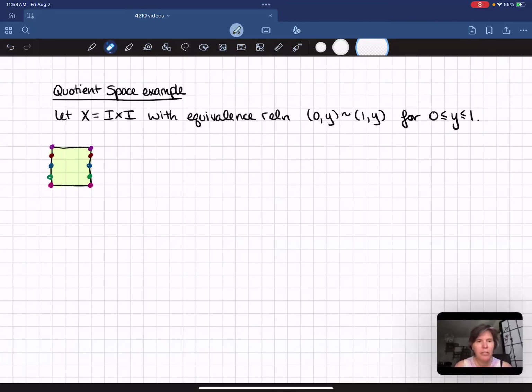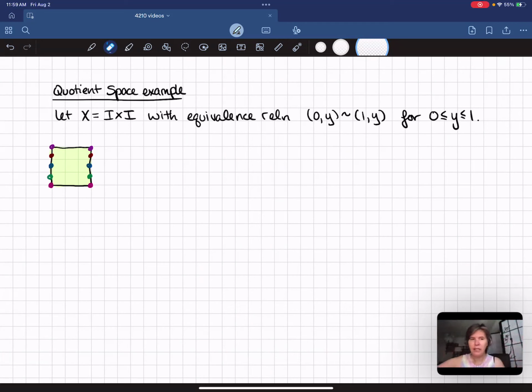So here's a picture of X. X is [0,1] cross [0,1], so it's a unit square. And then points (0,y) and (1,y), those are points on the vertical sides. When x is 0, that's the left-hand side. When x equals 1, that's the right-hand side. And the two corner top points are equivalent, and then the points at 3/4 on either side are equivalent, and then the points at 1/2 are equivalent, and 1/4.